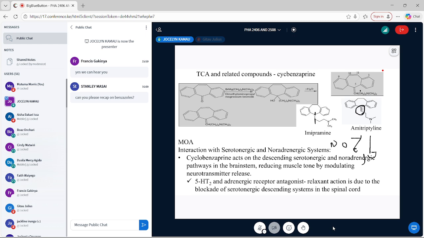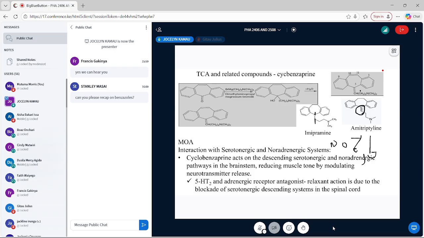It is a 5-HT and adrenergic receptor antagonist. The relaxation action is due to the blockade of serotonergic descending systems in the spine. Because of that difference in structure, it can bring about the difference in activity.